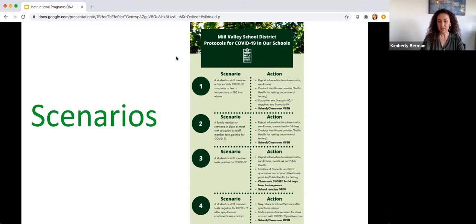And so you would of course be notified of that as well. Anytime a school has 5% of the members of that school, staff or students, who are positive for COVID, it would then close the entire school. So that's good information for us to know as we get closer to returning to our classrooms and knowing what to expect in different scenarios. We'll go to the next slide.